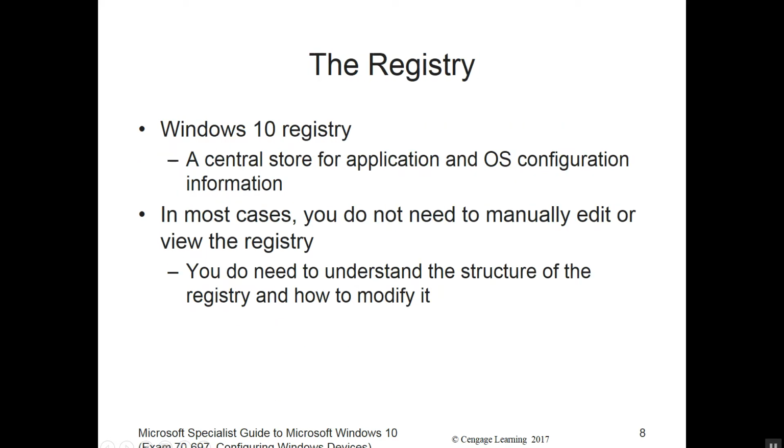Okay, so in Windows, we've got what we call a registry. The Win10 registry is a central store for application and OS configuration information. What that means is, let's say I've got my OS and a bunch of different applications installed on my system.